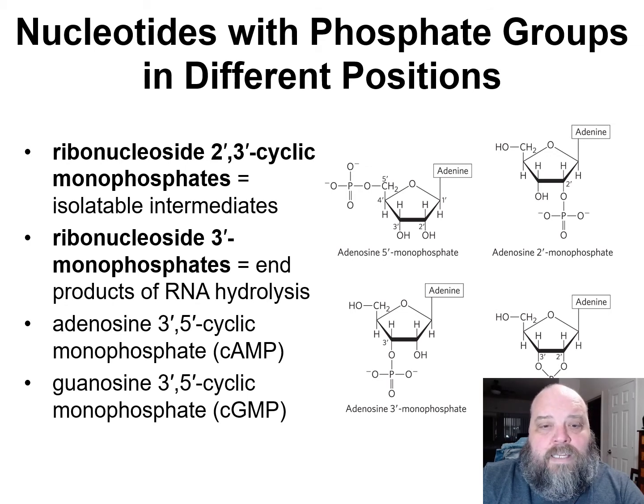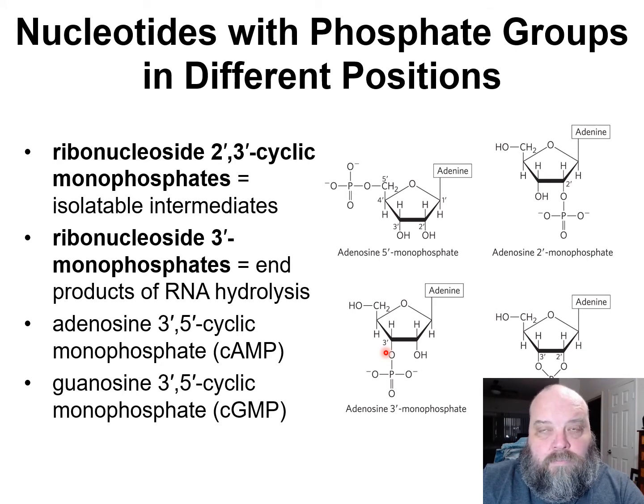We also find that this 5' phosphate is not always the way everything's going to look. Some of the times it could be shifted to the 2' or the 3' carbon. Why?